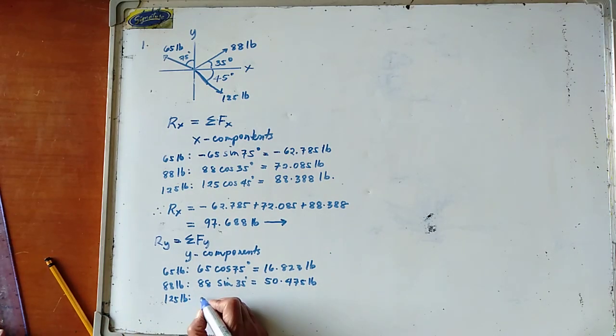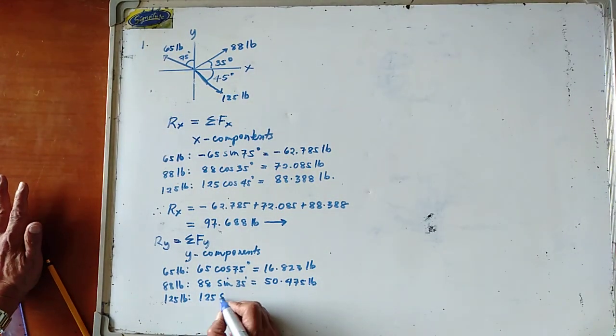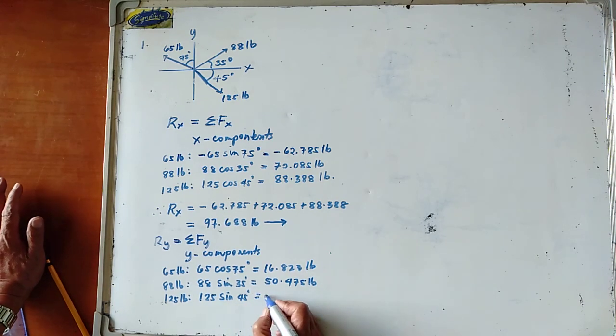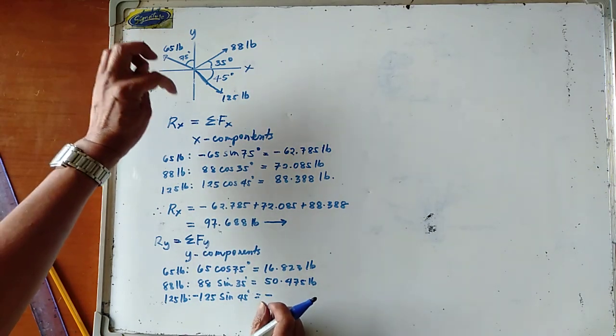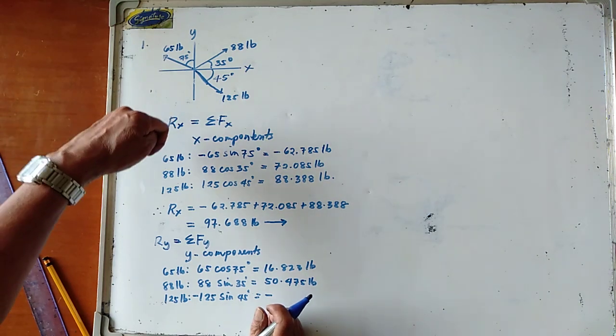For the 125 pounds, this is equal to 125 sine of 45 degrees, and this is equal to negative, because take note that the y component of the 125 pounds is going downward.